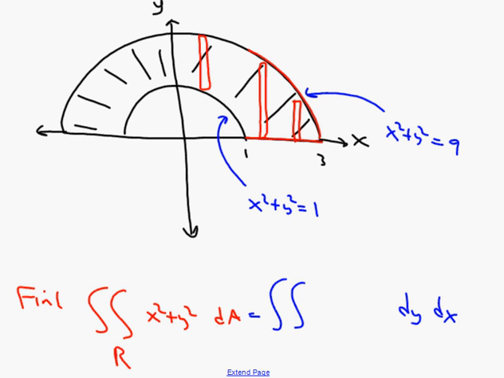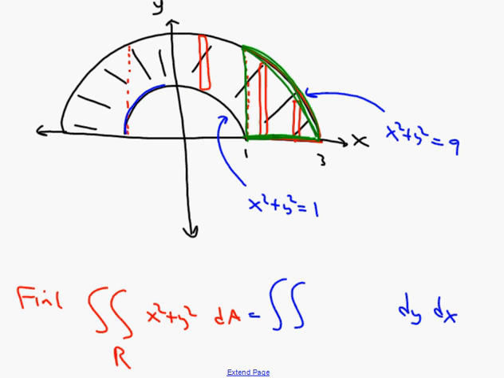So the problem we have now is that to write out this double integral correctly, we're going to have to break this integral up into 3 pieces. Because in this first region here, so I'll put a green around it, in the green region, the lower bound is the x-axis and the upper bound is the bigger semicircle.